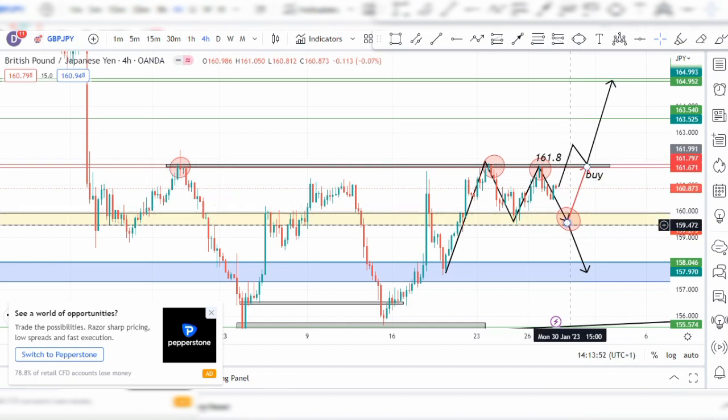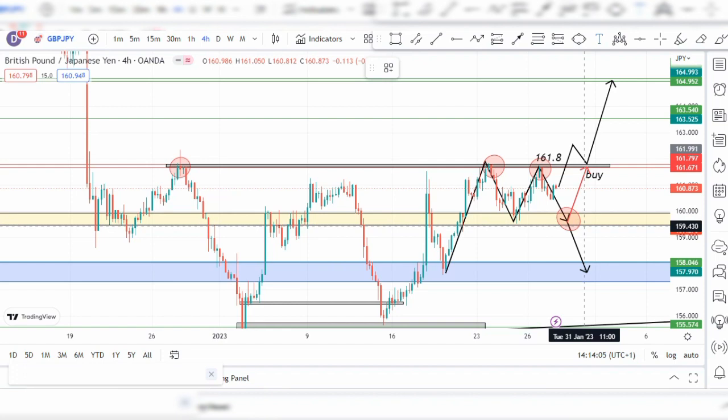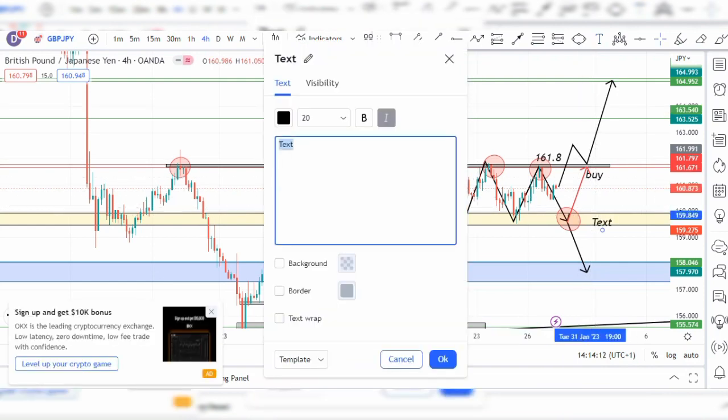The second key area is within this zone here, and I'll round it up and call it 160. It's not exactly in the 160 area, so it's a zone between 159.5 and 160.